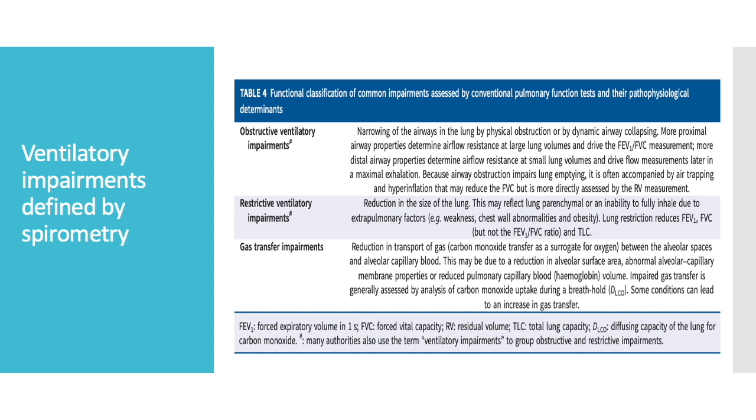It is an obstructive ventilatory impairment which could be caused by either a central cause, an intrapulmonary cause or other causes. So when you report a PFT, it's very important to use the right terminology: an obstructive ventilatory impairment, a restrictive ventilatory impairment, or a mixed ventilatory impairment.